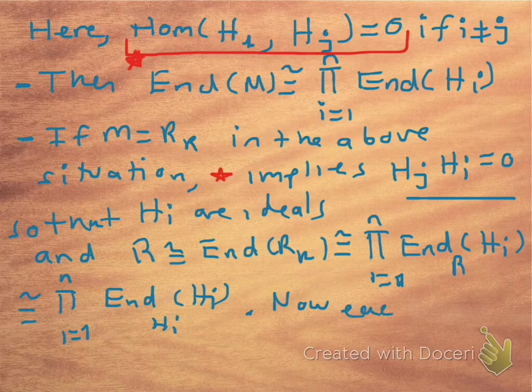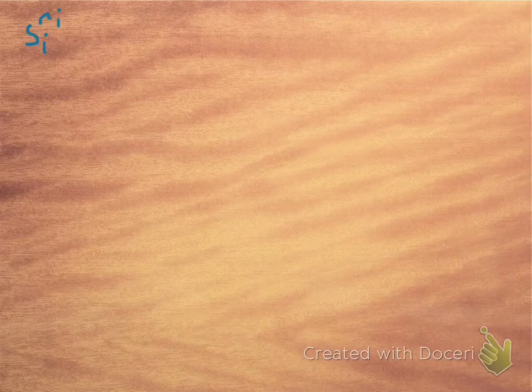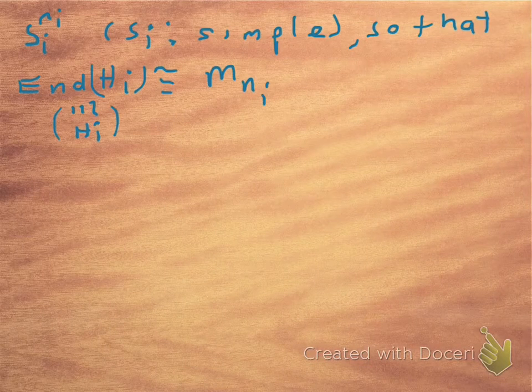Now each h_i is isomorphic as a module to a finite direct sum of copies of a simple module, say S_i. But then the endomorphism ring of h_i, which of course is isomorphic to h_i itself, we want to see as an endomorphism ring of something so that we can pass to the matrix ring.